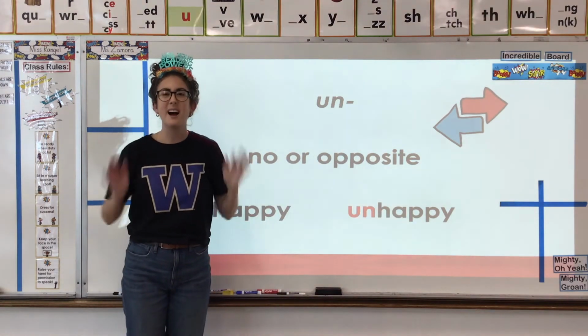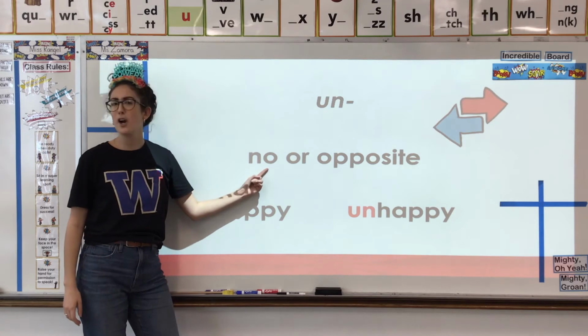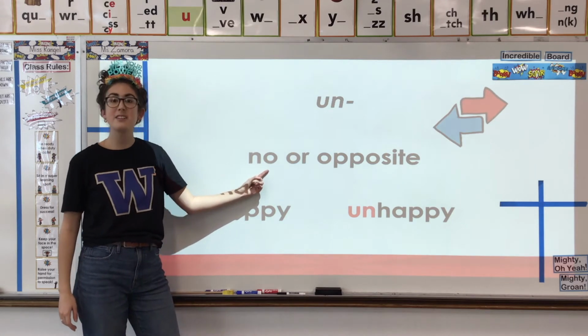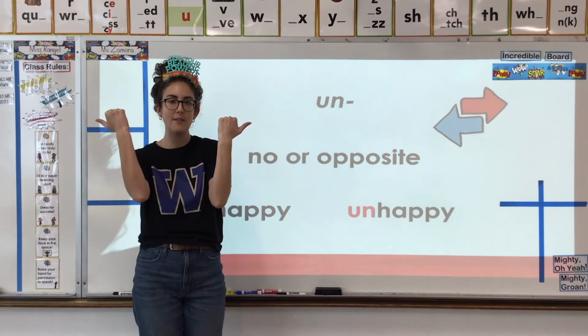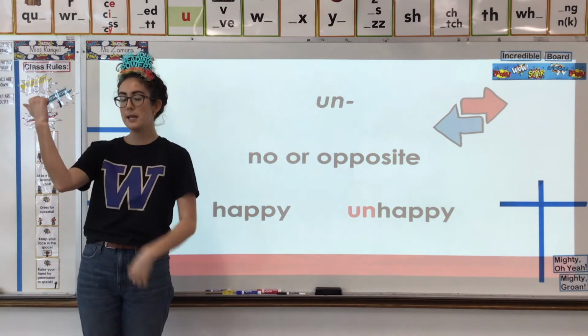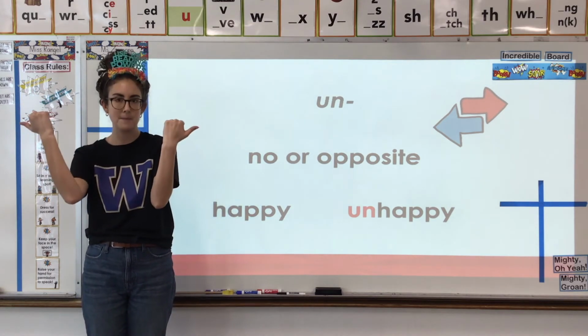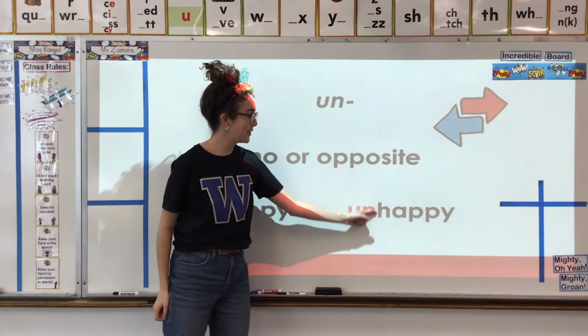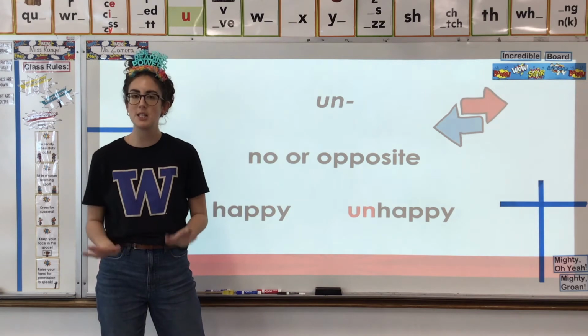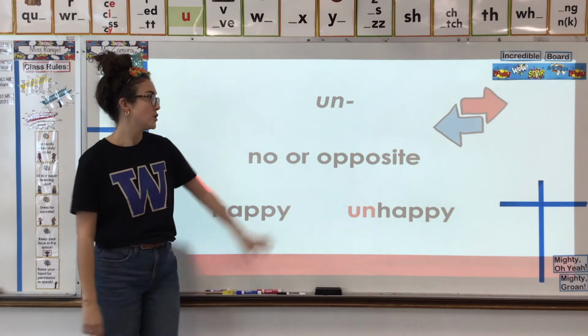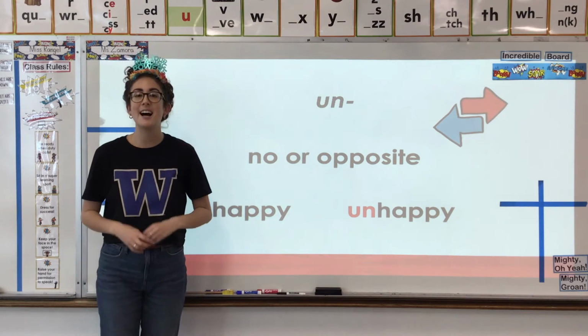If someone is unhappy, they are no longer happy. They're not happy. It's now the opposite of happy. Happy, unhappy. So this little prefix totally flip-flops the verb and changes its meaning. So this is our first prefix, un.